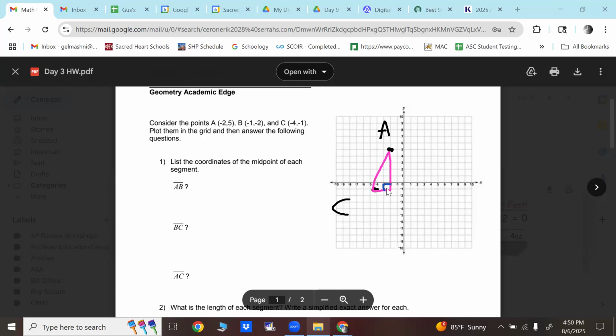The one on the bottom, is it 2? Wait. Yeah, I went too far. The one to the right is 6.